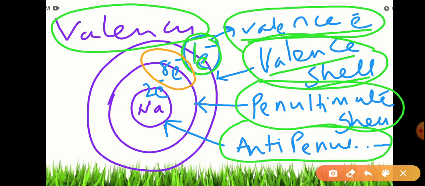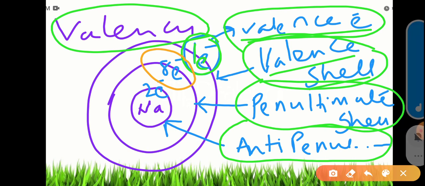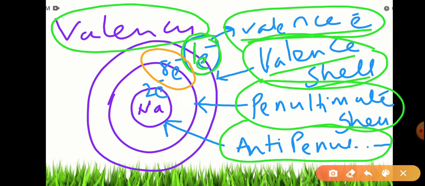So in order to get the last shell to complete its octet, sodium has to donate one electron to somebody else. So sodium uses its valence shell to donate the electron.